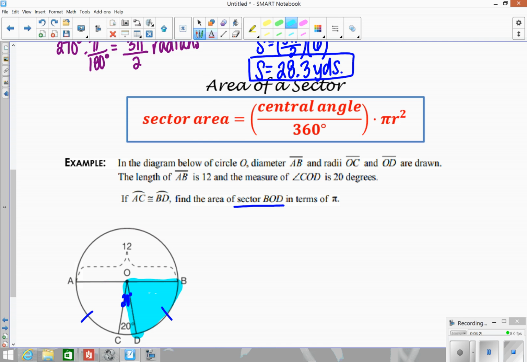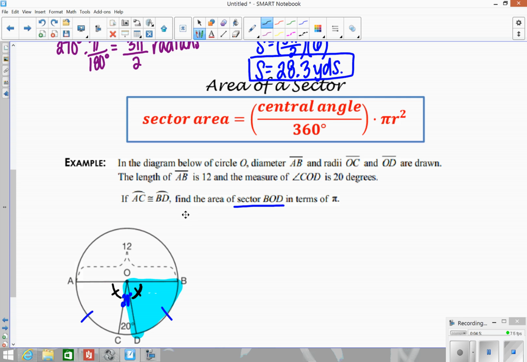The central angle is this angle right here, because I'm trying to find this blue area. Since these two arcs are congruent, we know that in a circle, if we have congruent arcs, then the central angles that they cut into are also congruent.